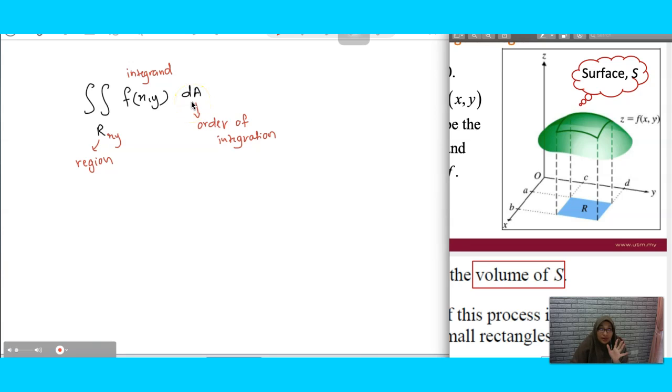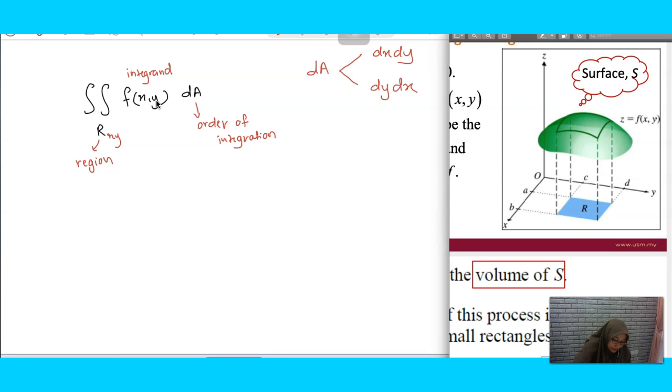Now I already introduced what R means, which is the region over here in blue. And now we are talking about dA. Since we have a double integral and the function is in terms of x and y, there are two options for your order of integration: dx dy or dy dx.